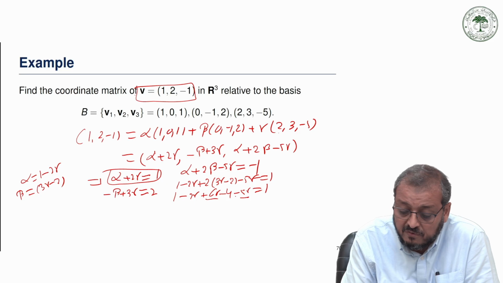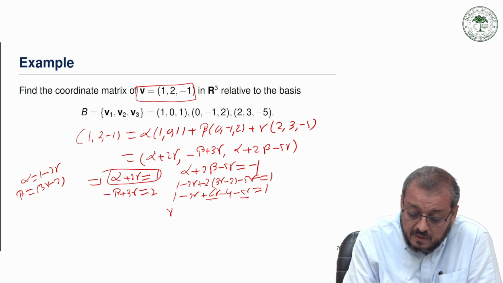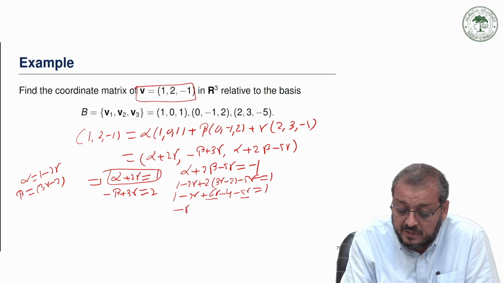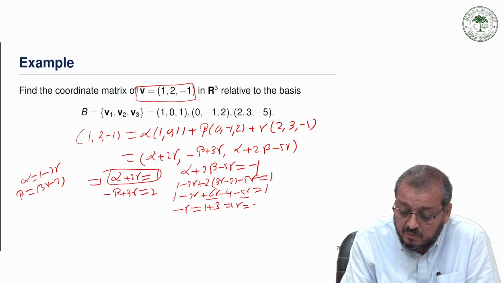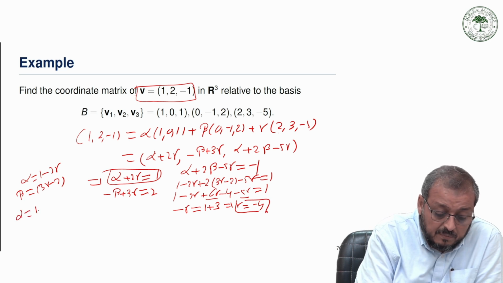Clearly we have minus gamma minus 3 is equal to 1, and minus gamma is equal to 1 plus 3, and this implies that gamma is equal to minus 4. And if gamma is equal to minus 4, then alpha is 1 plus 8, which is equal to 9.